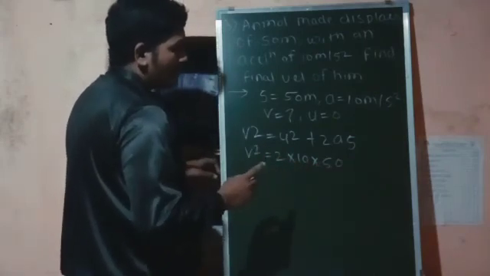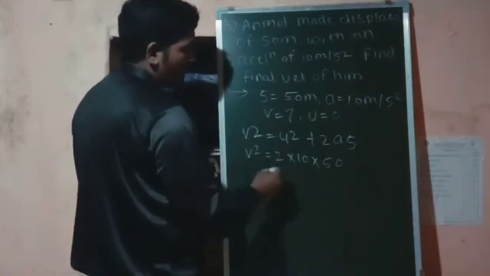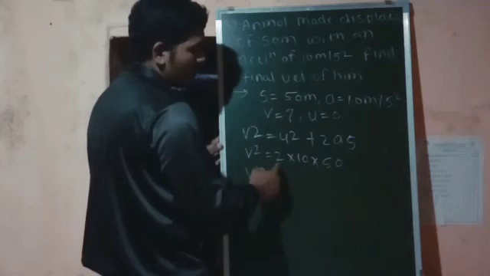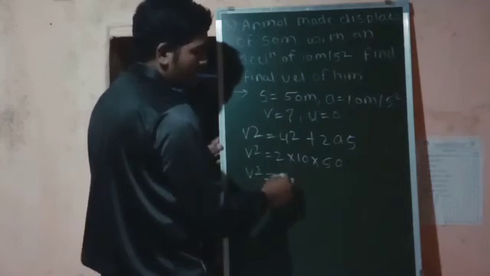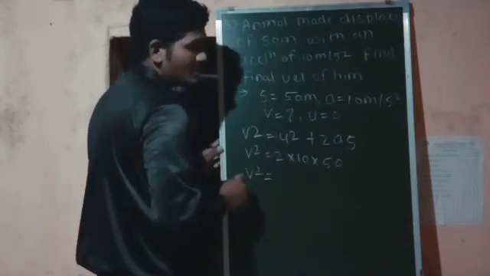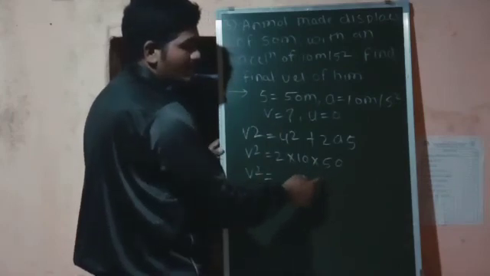Now we have to make the multiplication. v square is equal to 2 into 10 is 20, and 20 into 50 is how much?